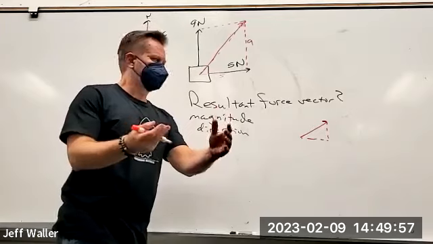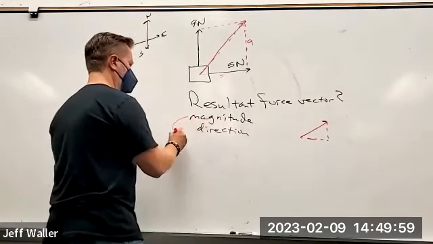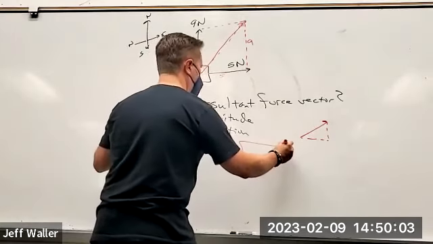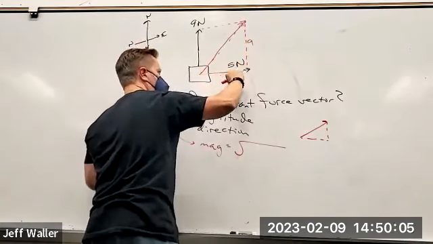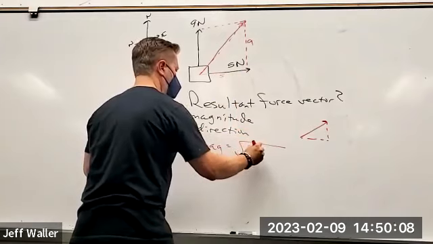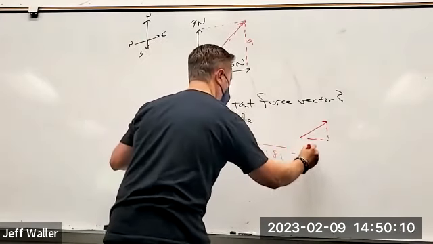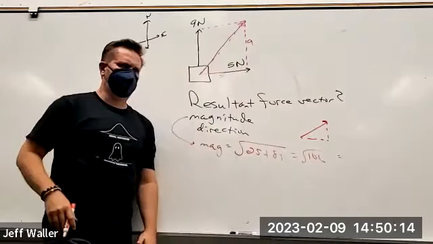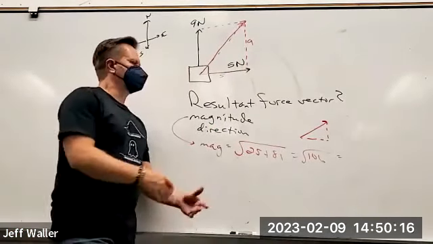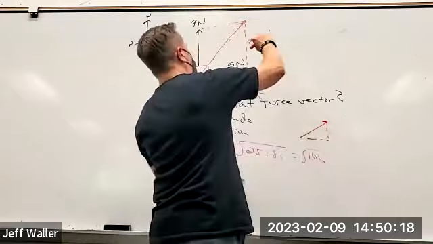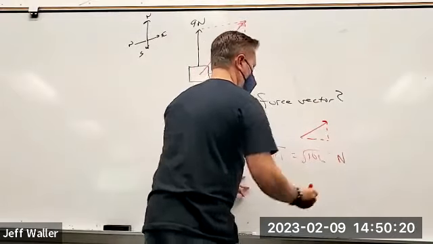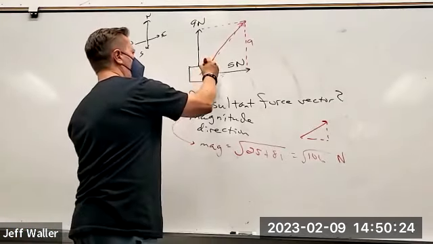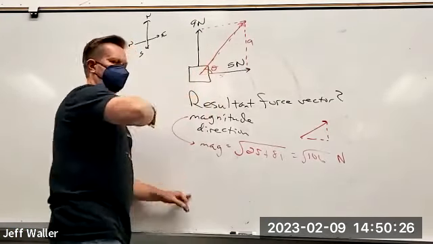Pythagorean theorem. So the magnitude would equal the square root of a squared plus b squared, right? So 25 plus 81. So I get the square root of 106, whatever that is. So that would be square root of 106 newtons, because this is a force. Now, how would you figure out the angle that that's acting at?